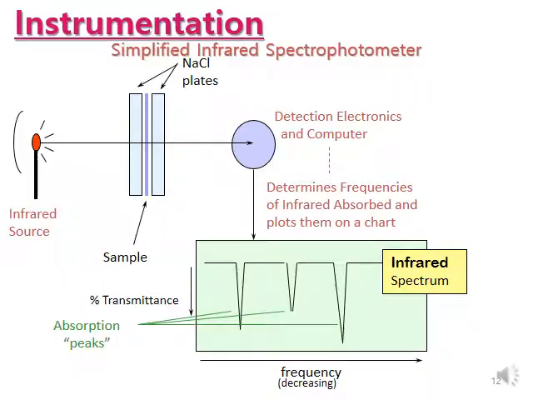Basically, the arrangement of IR spectroscopy is about the same as a UV-Vis spectrophotometer.